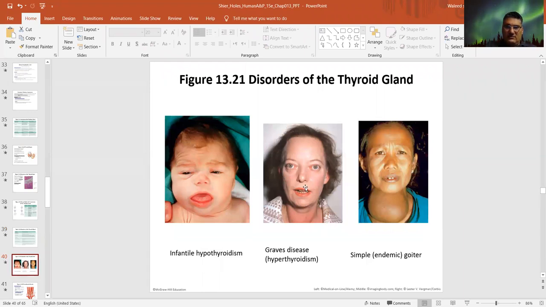So this is Graves. This is infantile hypothyroidism. Look at this infant, how he doesn't look normal. And this is the simple endemic goiter. They call it endemic because some areas have an endemic issue and they don't have enough iodine, like some areas in the world, they do not treat.